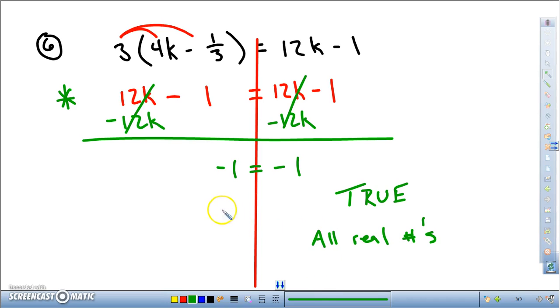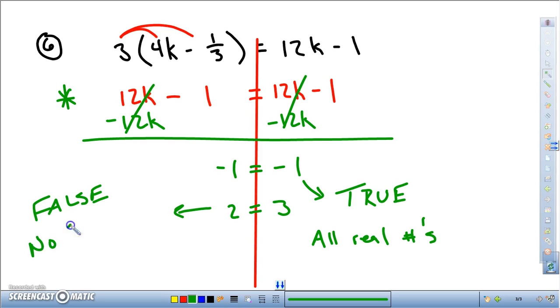If this ended up being a false statement, something like 2 is equal to 3, when you have a false statement, that means it does not matter what I plug in for the variable, I'm going to end up with a false statement. Okay, so true is all real numbers, false is no solution.